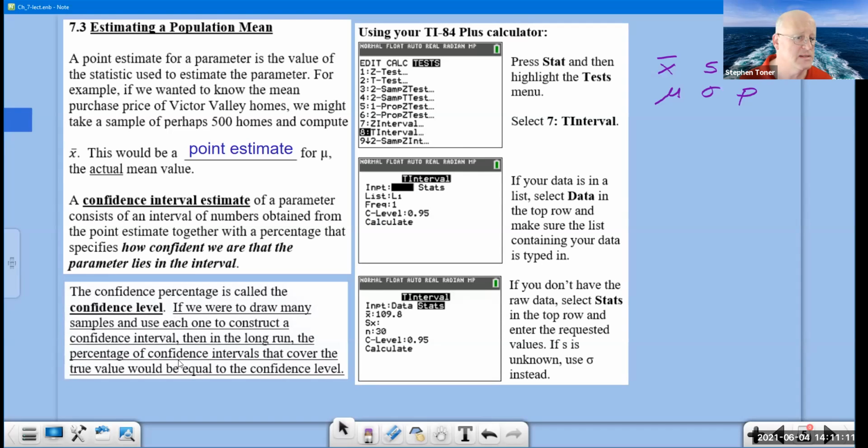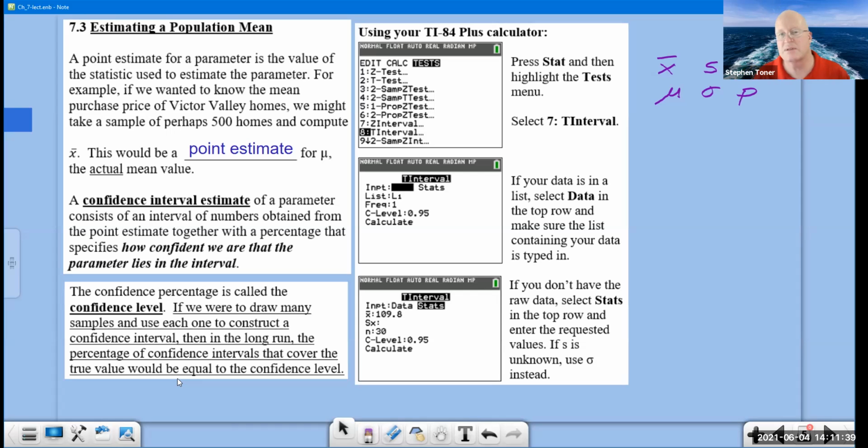This confidence level is not just how sure we are, even though that's the way it sounds. It says, if we were to draw many samples and use each one to construct a confidence interval, like we did in that picture a little bit ago, then in the long run, the percentage of confidence intervals that cover the true value of the mean or the proportion would be equal to that confidence level.